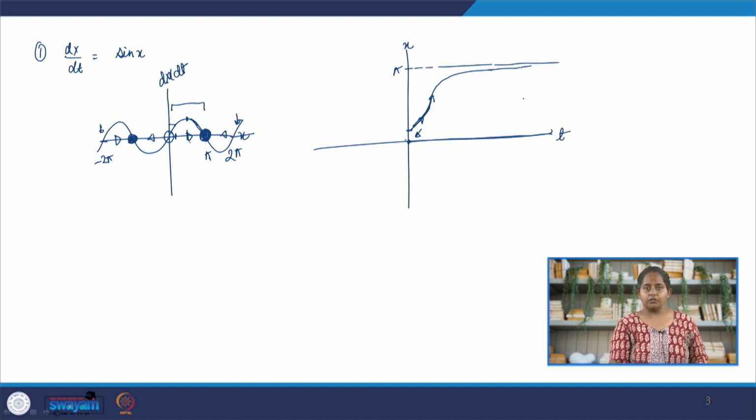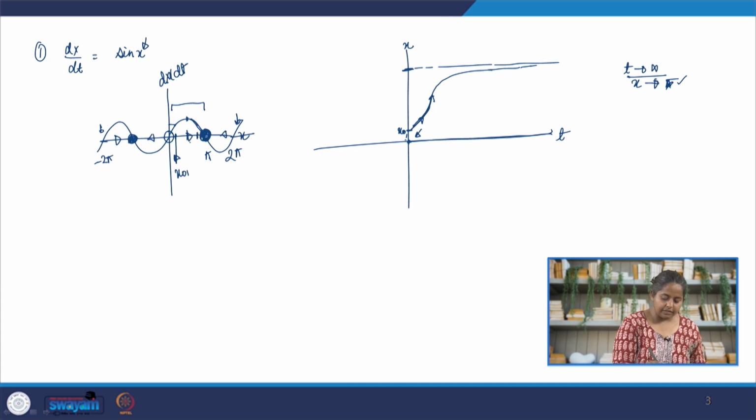And it is an asymptote, which means at time t equal to infinity, for a starting position here, x naught 1 here, x will finally tend to pi. So, this means for the starting position here at x naught 1, as time tends to infinity, the x will come here at this line, which is equal to when x is equal to pi. So, asymptote here.